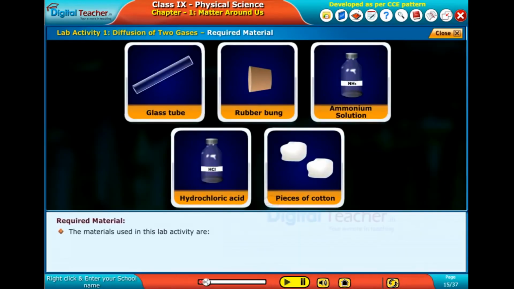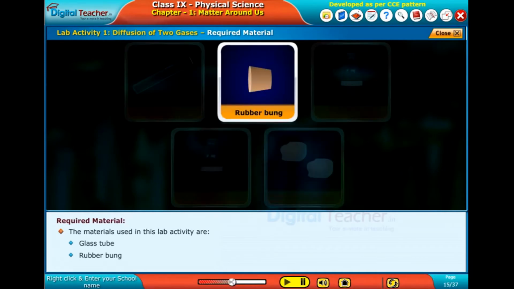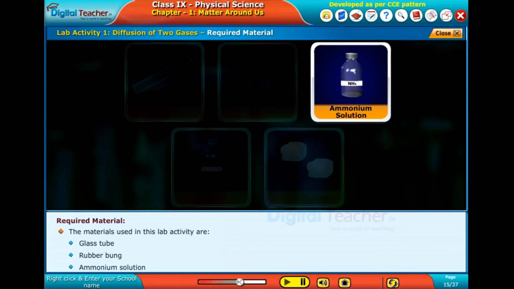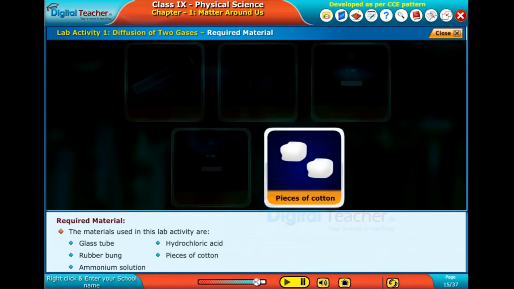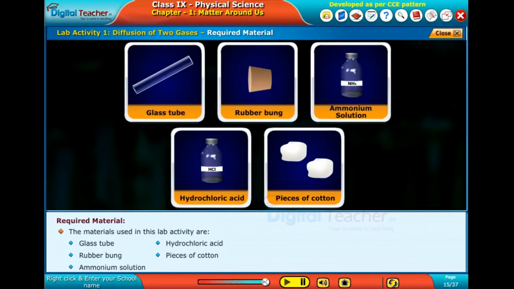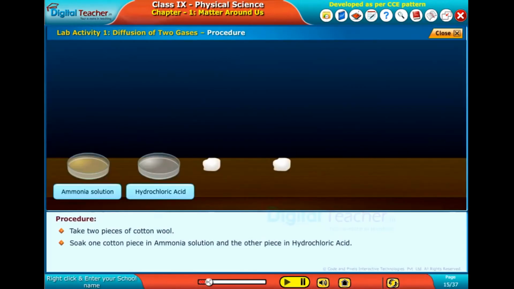The materials used in this lab activity are glass tube, rubber bung, ammonia solution, hydrochloric acid, and pieces of cotton. Take 2 pieces of cotton wool. Soak one cotton piece in ammonia solution and the other piece in hydrochloric acid.